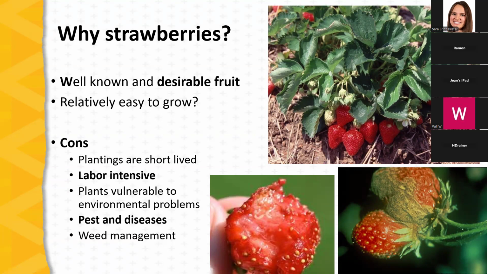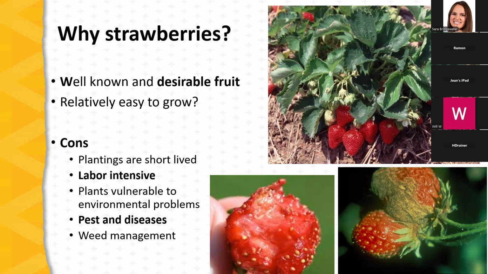It requires a lot of labor, that's for sure. Strawberries require a lot of work. Plants, like any crop, are vulnerable to environmental problems, temperatures, which we're going to see some of, pests and diseases, and weed management.